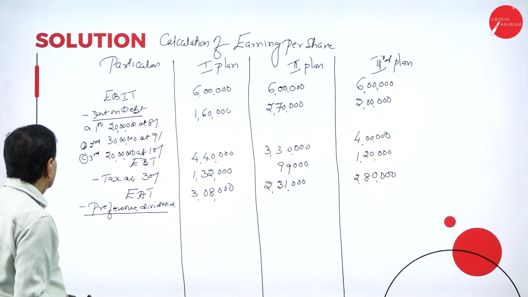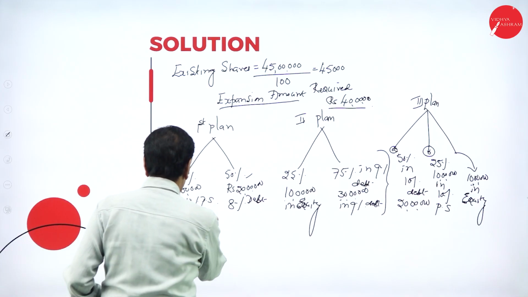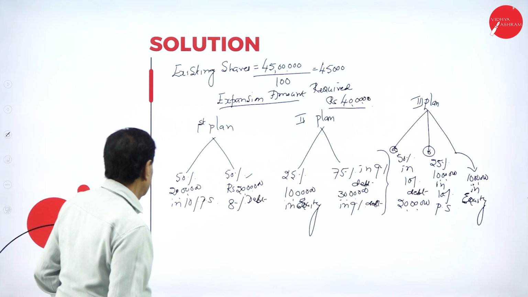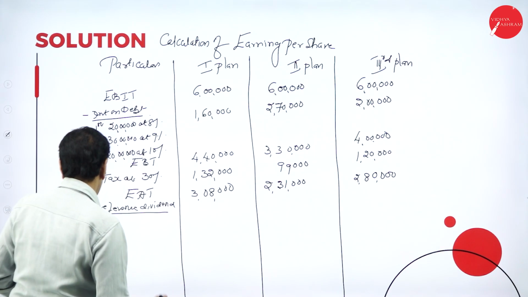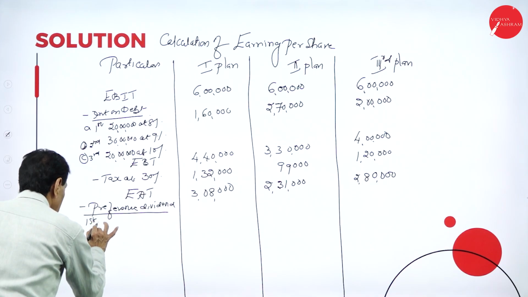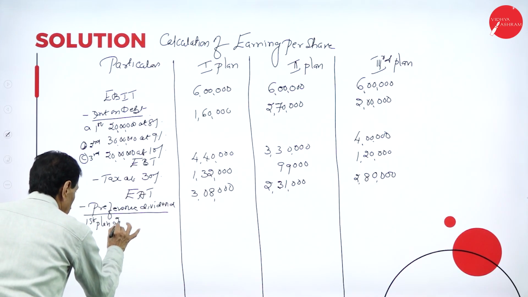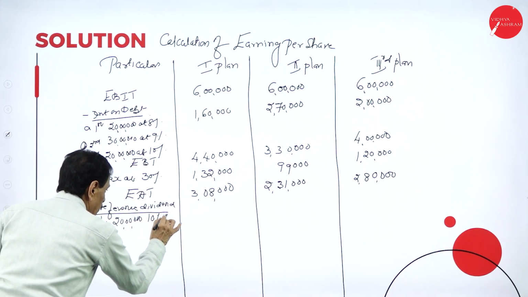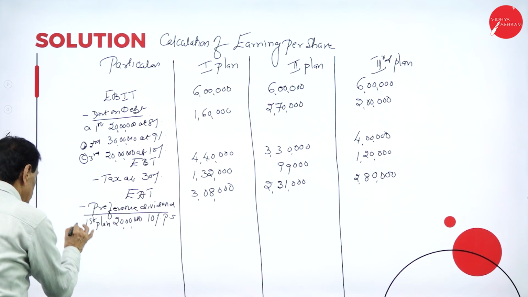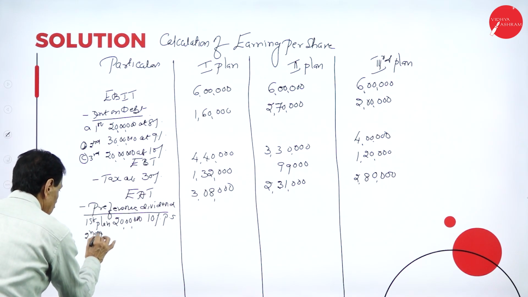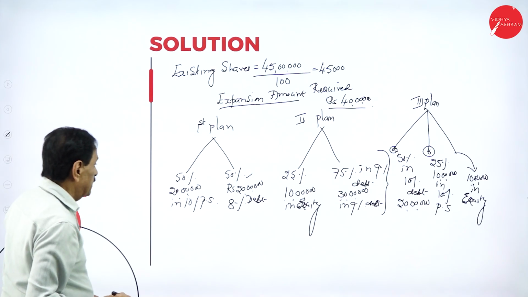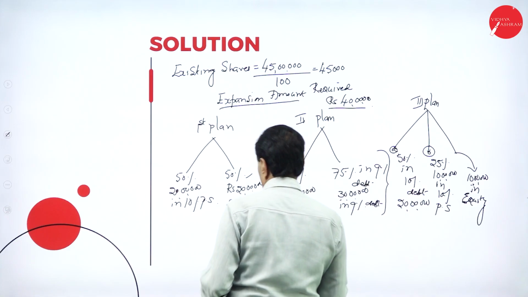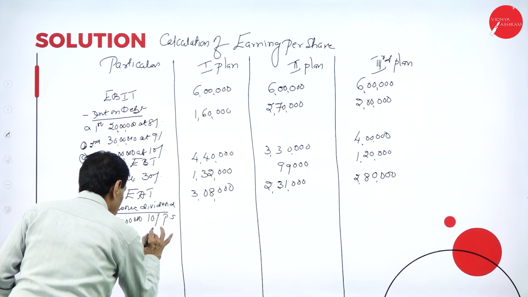Come back here. First plan: 20 lakh, 10% preference share capital. Second plan: equity 75, nothing is there, nil.